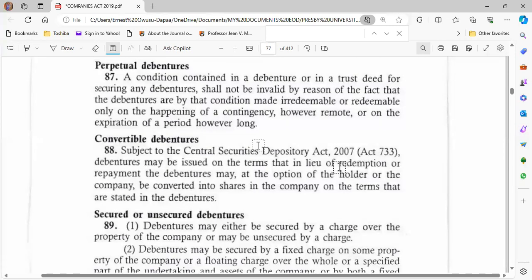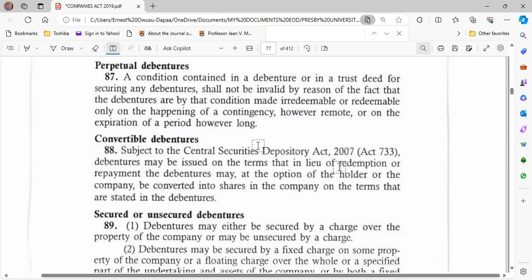Or the redemption of it may be premised on a contingency, that is, an event which may never occur, or even if it will occur, it will not occur now.